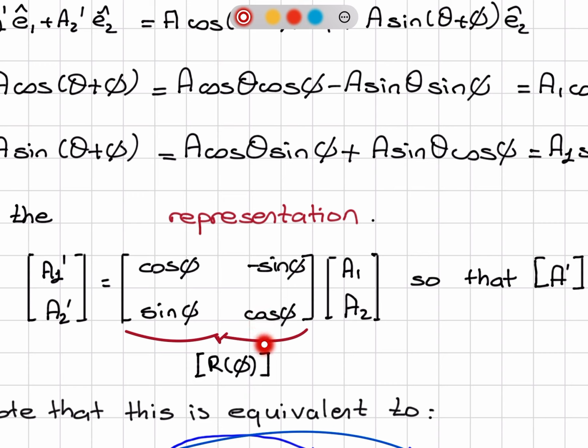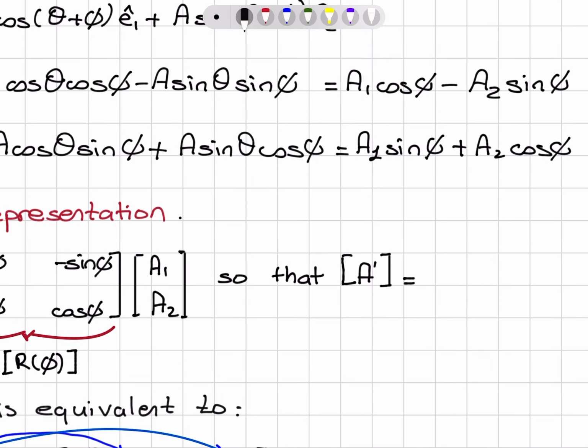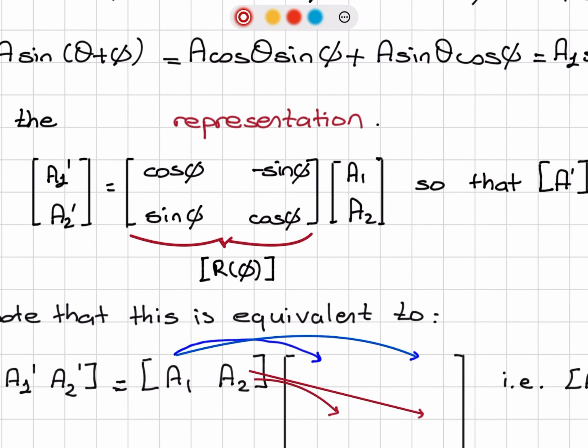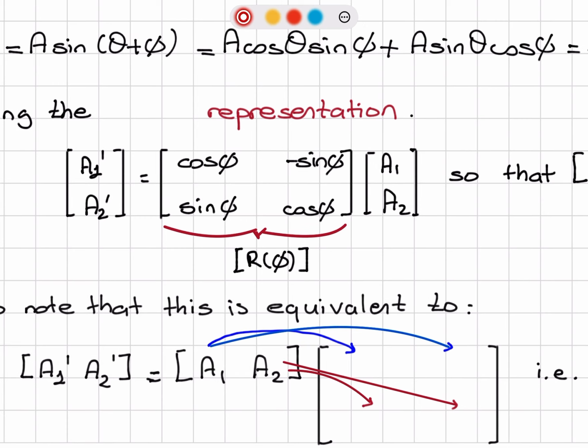This is my rotation matrix R as a function of phi, so that the matrix representation A prime can be obtained by multiplying the rotation matrix R with vector A. So this gives us the rotation operation on this vector. And if I write this as a row, that means I have to take the transposition of these two sides. A1 prime, A2 prime, interchange of rows and columns here.